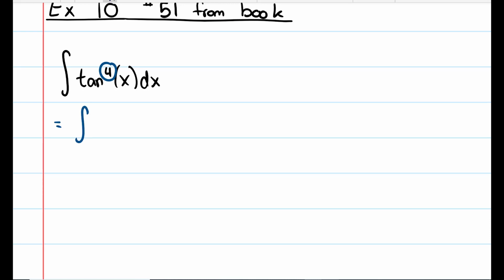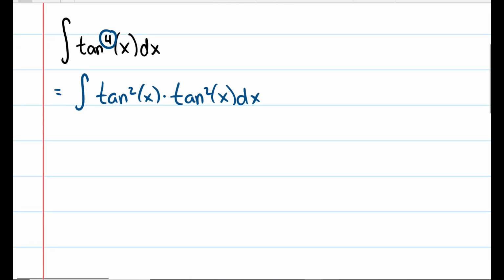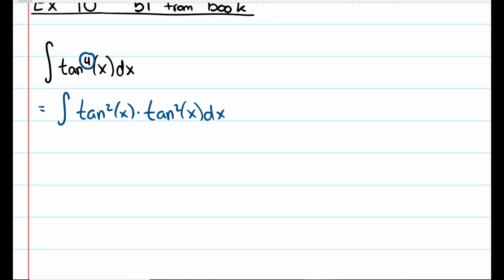So I'm going to write this as the integral of tangent squared of x times tangent squared of x dx. And now what I need is a trig identity in order for me to do some simplifying. So I know that we have a trig identity that says tangent squared of x plus 1 is equal to secant squared of x.